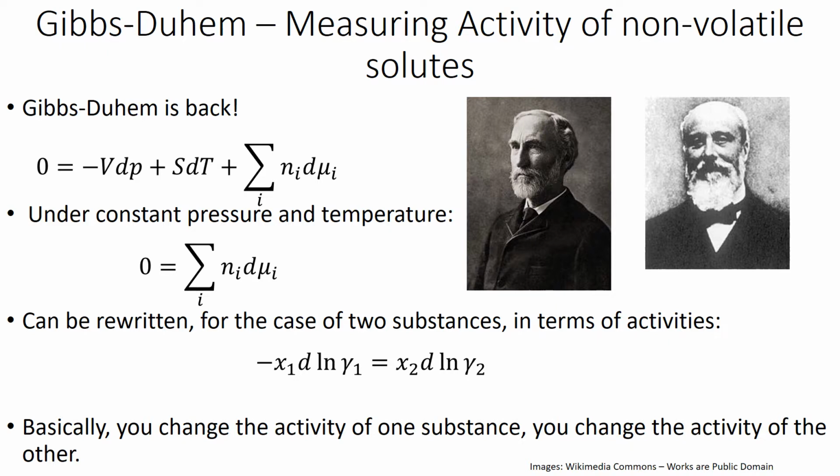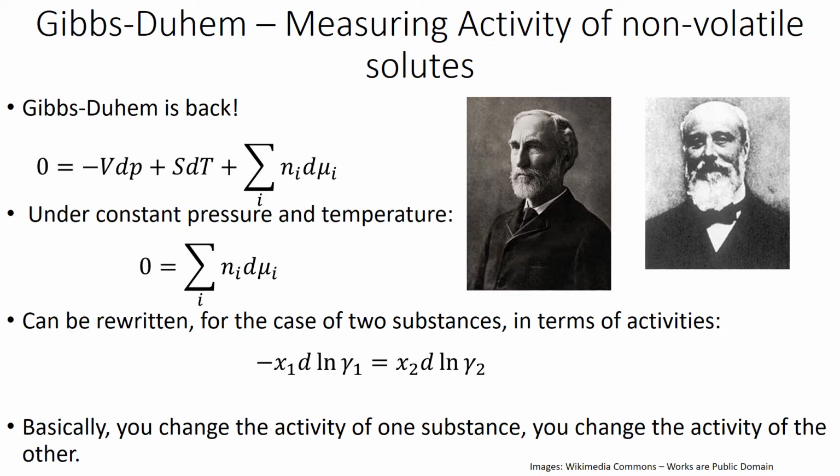Now, we've dealt with trying to understand activities, or at least attempting to model them. What we'll now deal with is how do you measure the activity for a non-volatile substance? And to do so, we have to go back to the Gibbs-Duhem equation. And they are back.